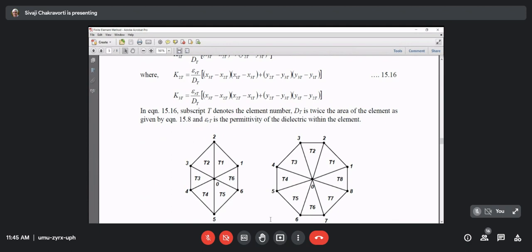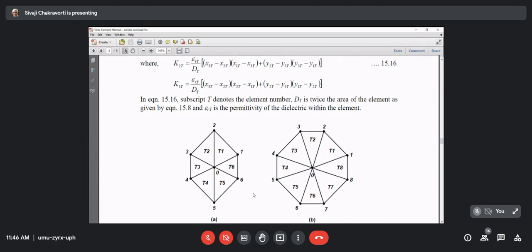If you take triangle 6, node 0 is node 1, node 6 is node 2, node 1 is node 3, the anticlockwise convention. And of course, in every triangle, we have to take the material property. In our case, it is the relative permittivity. That should be known, otherwise you cannot compute the field.